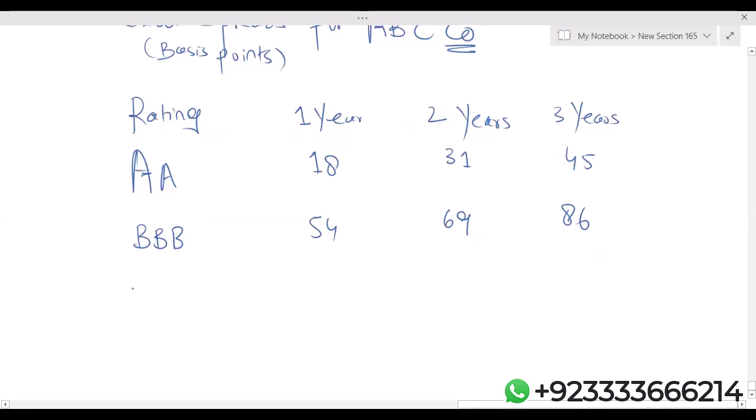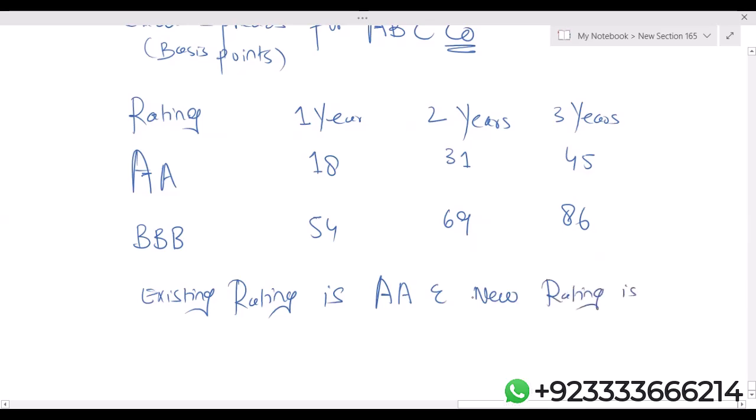Let's say the existing rating is AA and the new rating is going to be BB.